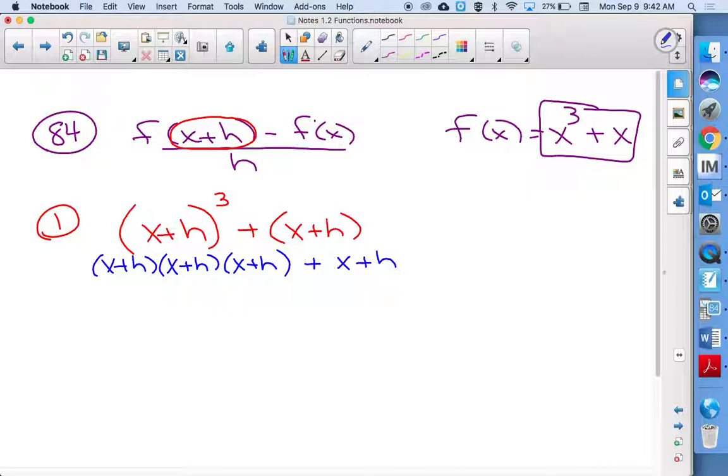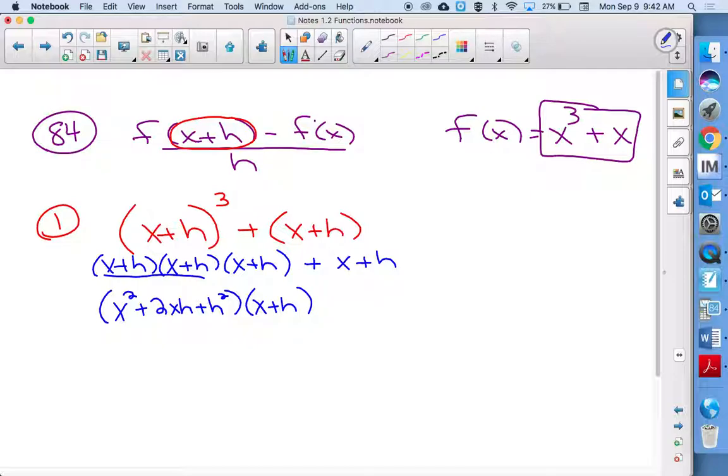So this first part is only looking at the f of x plus h part. We're just doing the algebra for the f of x plus h. You're multiplying two parts together. Make sure you place them back in parentheses. So x plus h times x plus h.